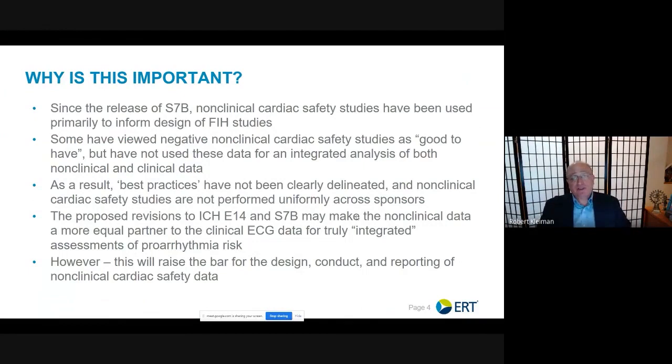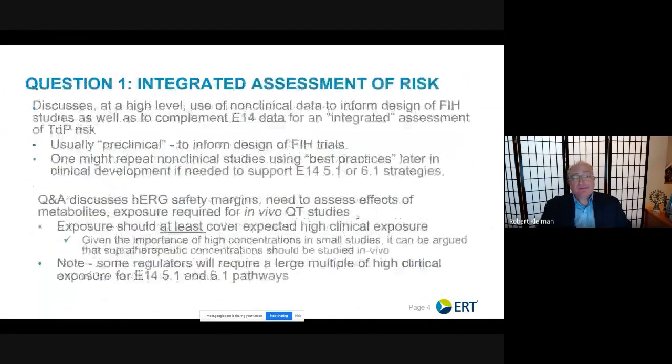What the proposed revisions to both E14 and S7B will do is make the non-clinical cardiac data more of an equal partner to the clinical data when making an integrated assessment of proarrhythmia risk. I'll point out this is going to raise the bar for conducting, design, and even reporting of the data from these non-clinical cardiac trials.